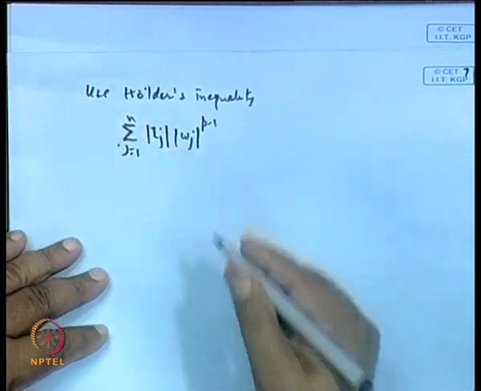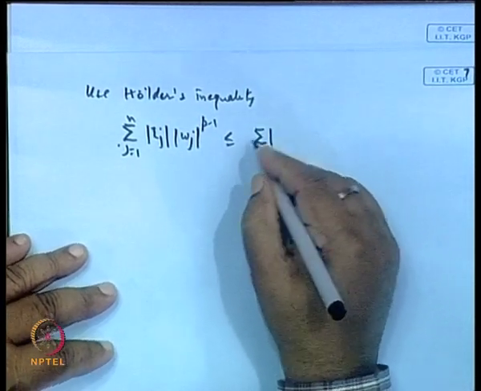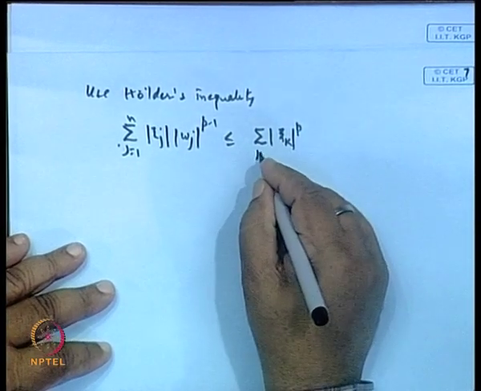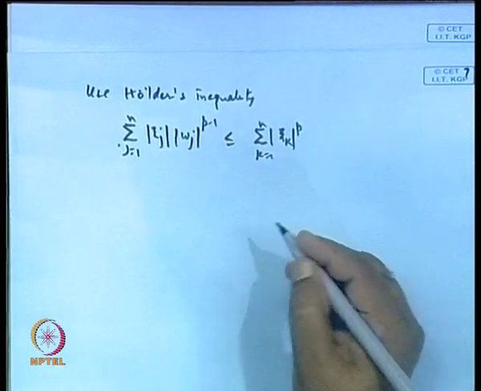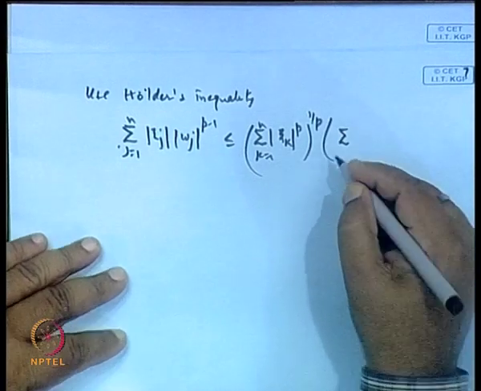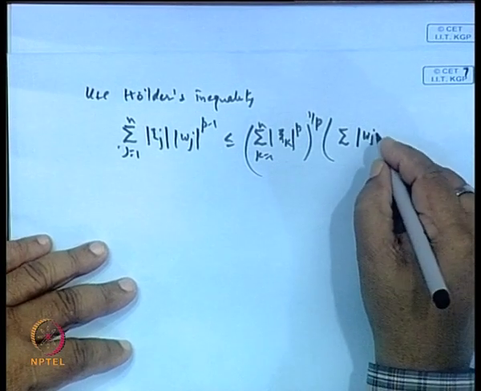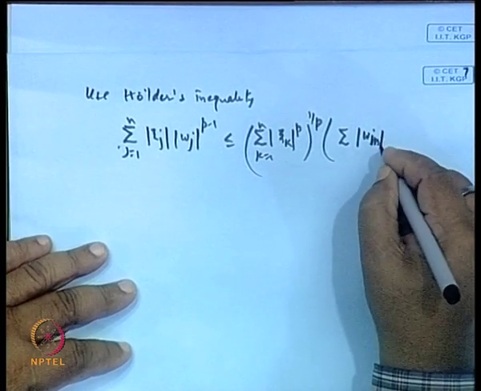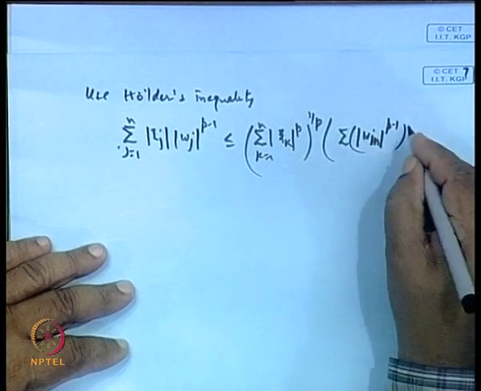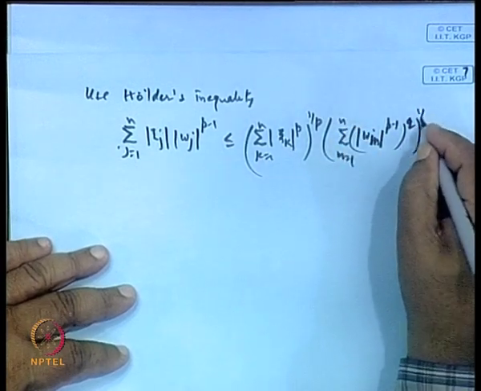If I use Holder's inequality, then it will be less than or equal to the sum of mod xi_k power p, k is 1 to n, power 1 by p, into the sum of mod w_m power p minus 1 power q, m is 1 to n, power 1 by q.